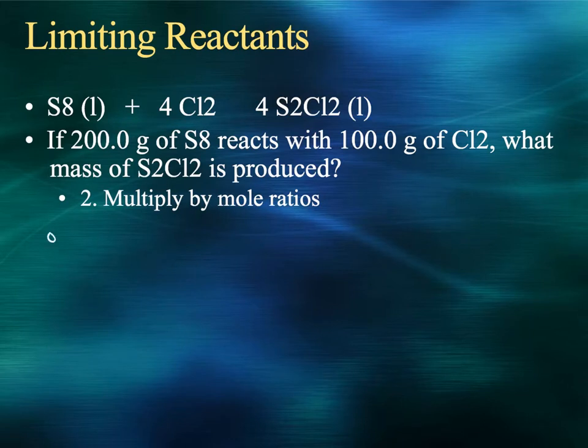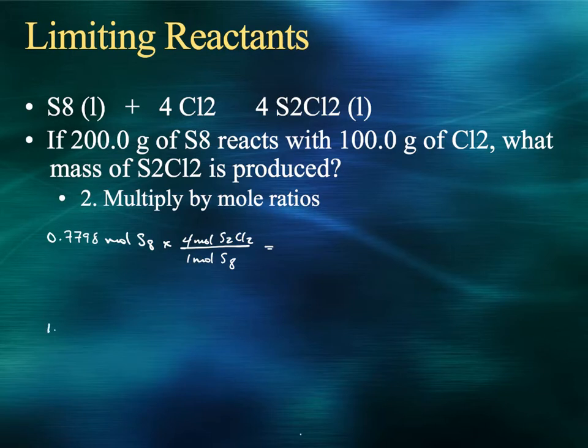So multiplied by the mole ratios, we had 0.7798 moles of S8. And I'm going to convert that over to what I'm trying to get it into, which is S2Cl2. So to do that, let's put our 1 mole of S8 here on the bottom, 4 moles of S2Cl2 at the top. Okay, and we'll come back to that in just a moment.